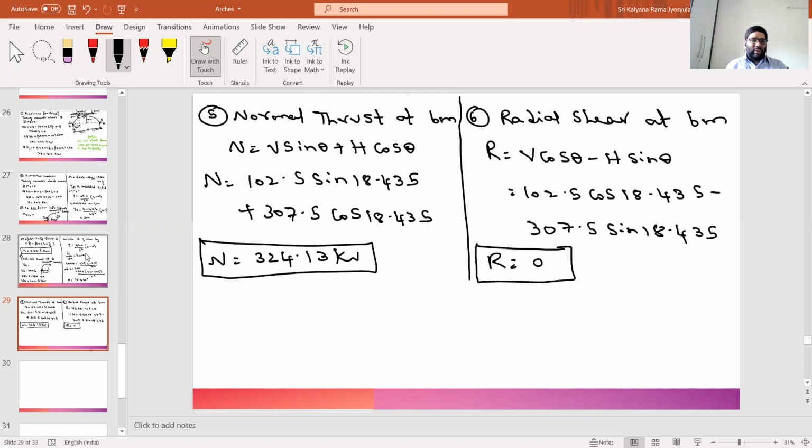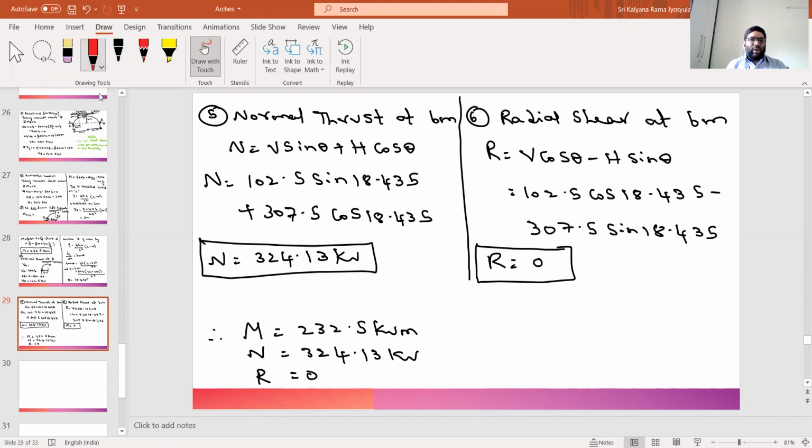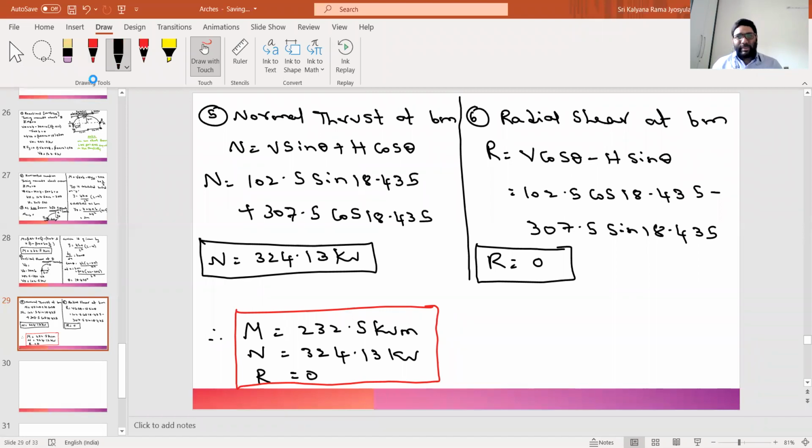Therefore, M is equal to 232.5 kilonewton meter, N is equal to 324.13 kilonewton, and R is equal to 0. So this is what we need to calculate for the analysis of a 3-hinged arch subjected to a combination of various types of loads.